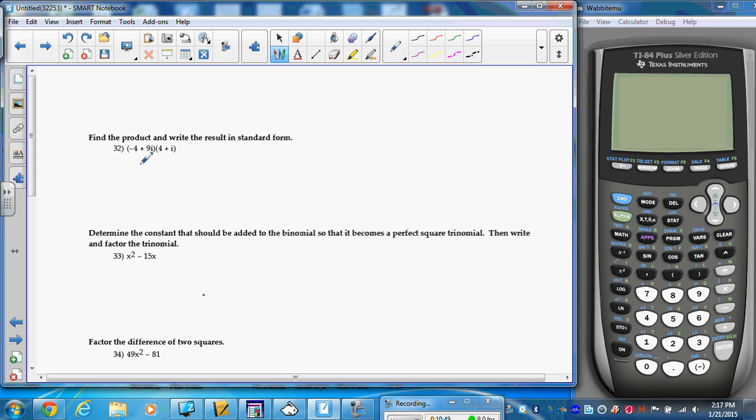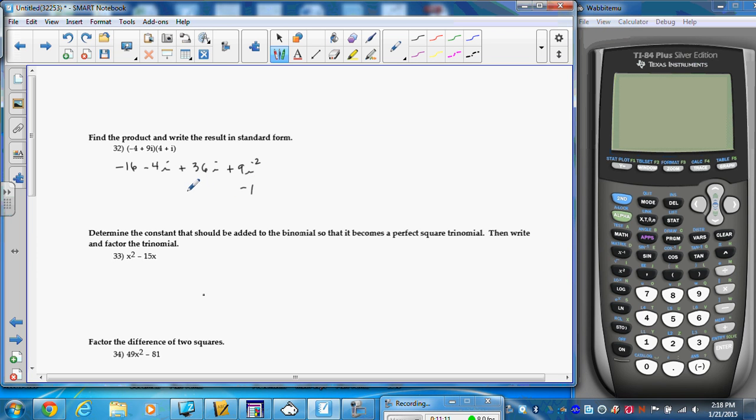So negative 4 times 4 is negative 16. Negative 4 times i is negative 4i. 9 times 4i is 36i. And 9i times i is 9i squared. Well, i squared is negative 1, so this is going to be replaced with negative 1.